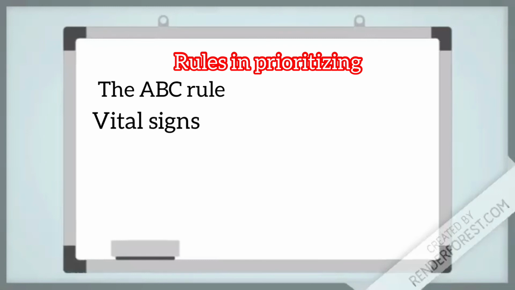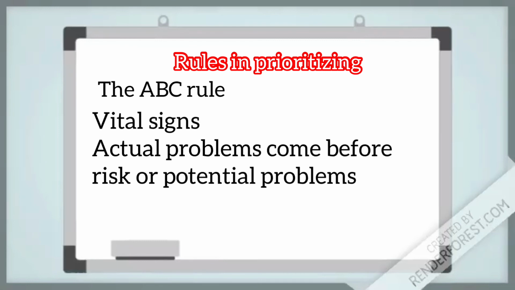All right. And then the last rule that you should always take note of is that a risk diagnosis, no matter how risky you might think it is, always comes after you have dealt with actual problems. So if a patient has the risk of collapsing or whatever risk it is, never prioritize a risk problem to come earlier than an actual problem, because no matter how insignificant or small an actual problem is, it can exacerbate in a simple matter of time.